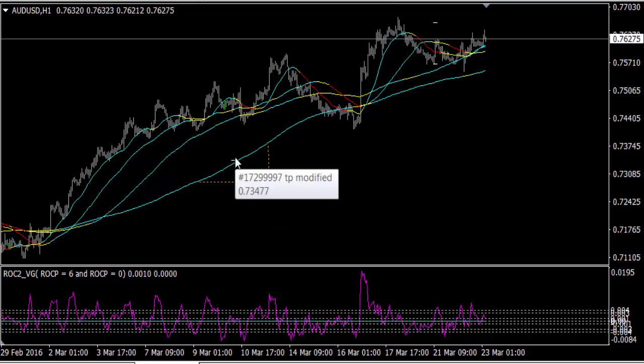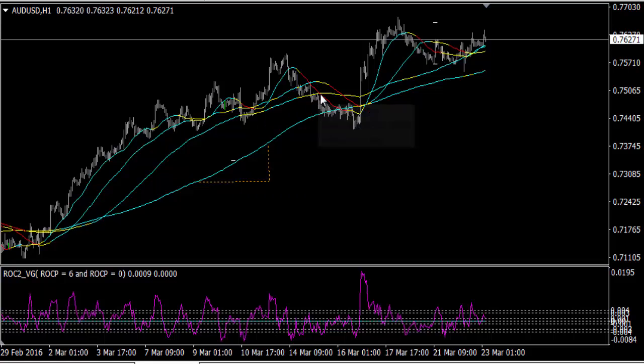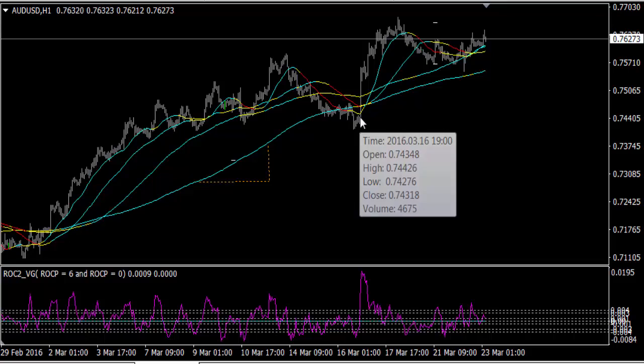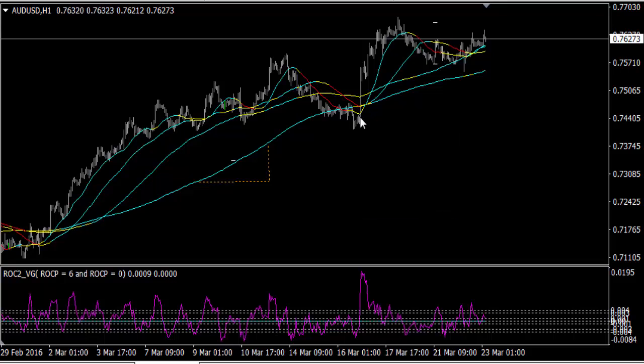So if it's steep enough in the up direction, it will be blue. If it's steep enough in the down direction, it will be red, and if it's in between, it will be yellow. Okay, so we can really identify the velocity of the moving average.